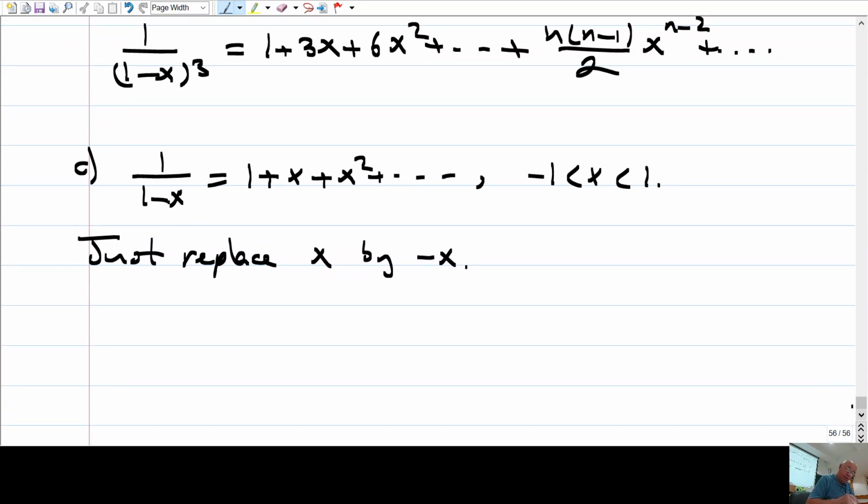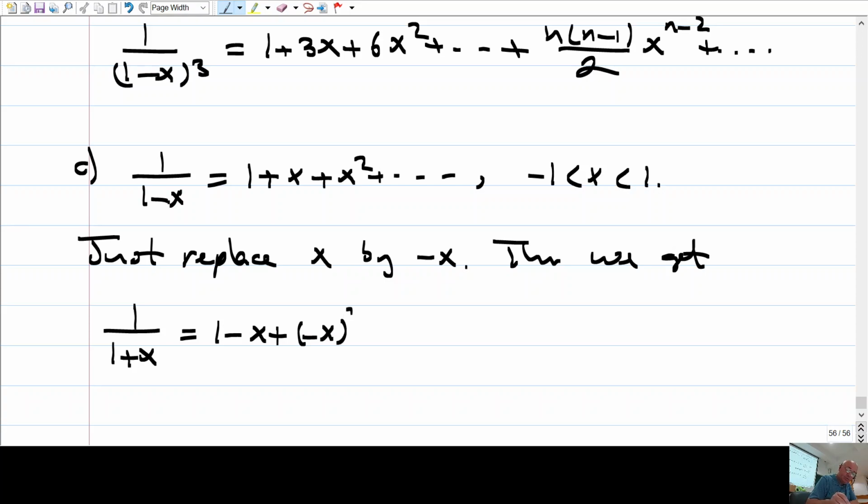So if I do that, we get, when I plug minus x here, I will get plus x. I plug minus x for x, so I get 1 minus x, and then minus x squared, minus x cubed, and so on.